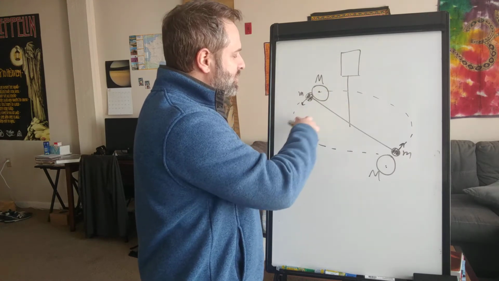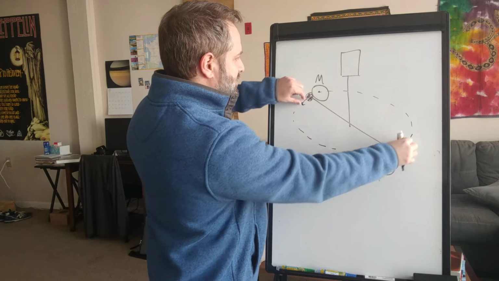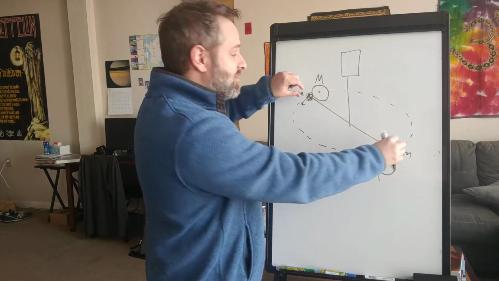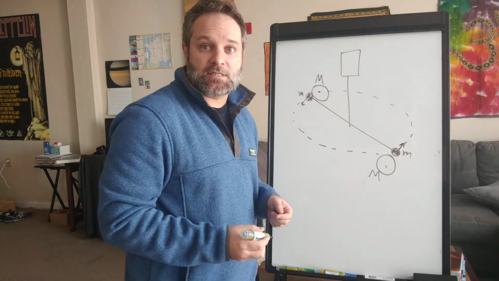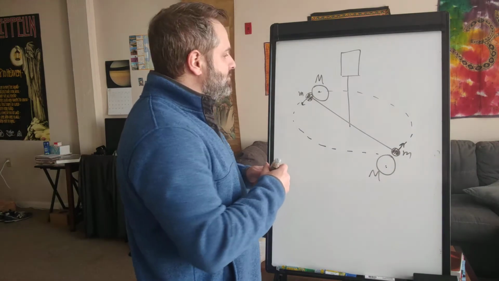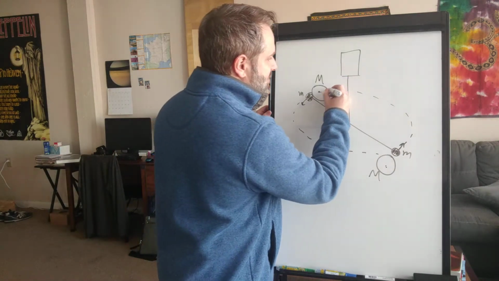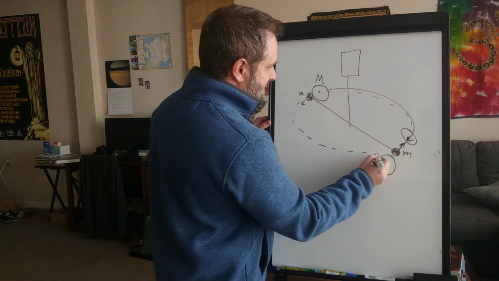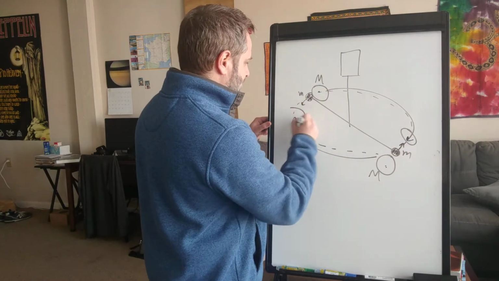It's attracted back towards the masses. So in a stable configuration, those two forces have exactly canceled out. Now what you do is you take this mass, move it real quickly over here. You take this mass, move it real quickly over here.